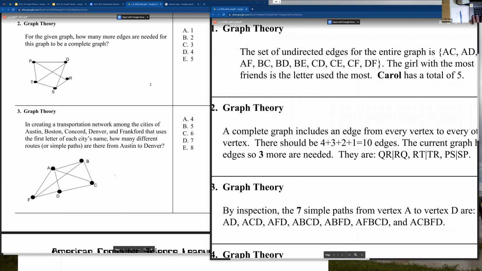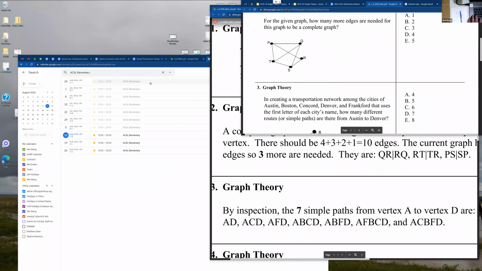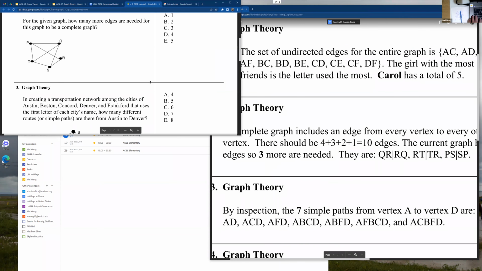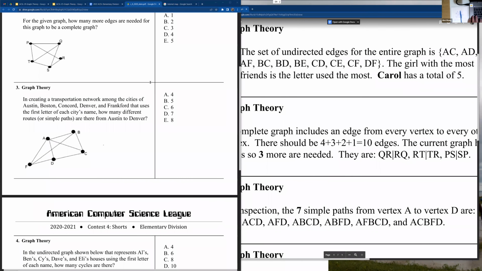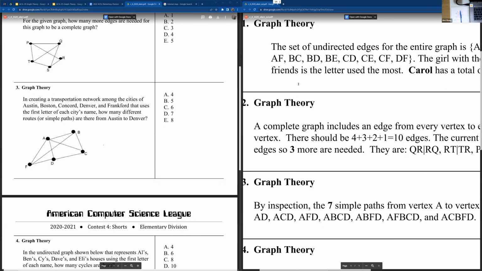All right, and then. Wait, I think there's more. Go down. Okay, I see. AD, ACD, AFD, ABCD, ABFD.